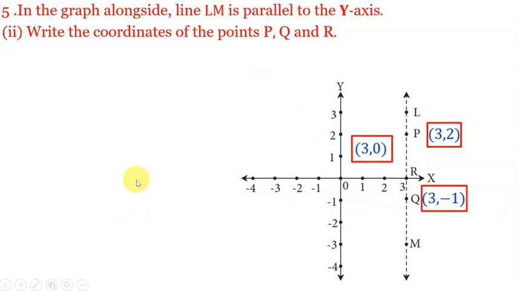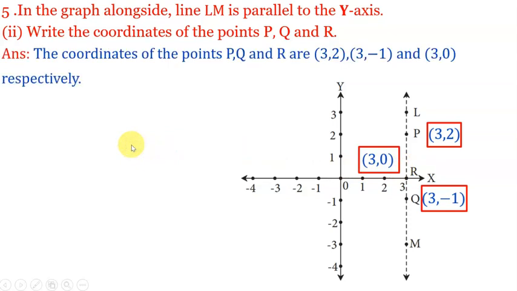Coordinate of the point R: R is on the x-axis and hence the y coordinate is 0. Coordinate of the point R is (3, 0). And hence the answers are P (3, 2), Q (3, -1) and R (3, 0) respectively.